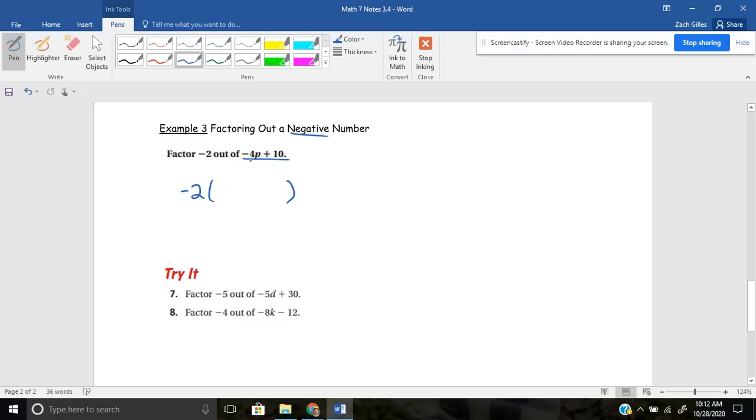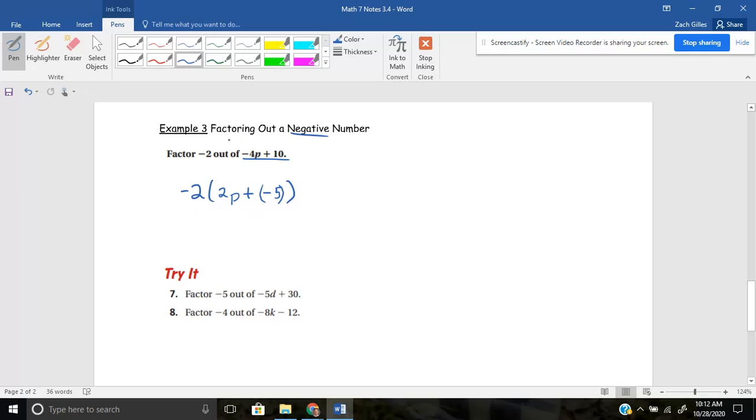Well, again, same sign, that would give me a positive 2p plus, I'm adding, 10 divided by -2. Well, now I have a different sign, so it's going to be a negative, and 10 divided by 2 is 5. I'm going to add in another set of parentheses, so that looks a little bit neater, so I know I'm adding a negative number.